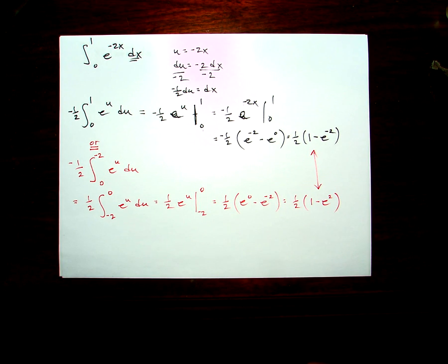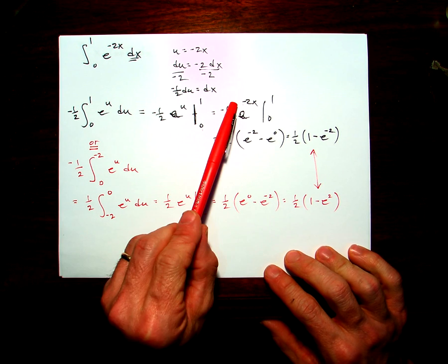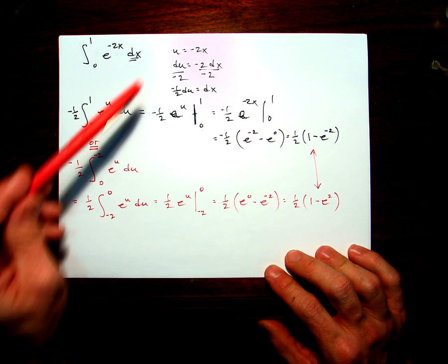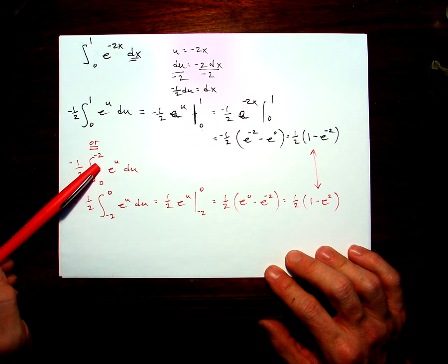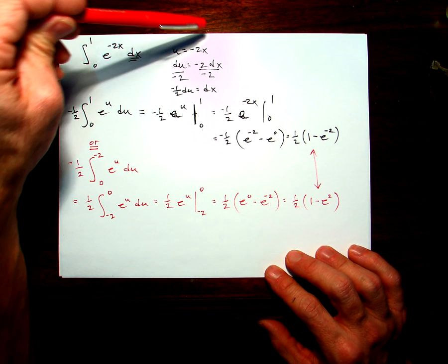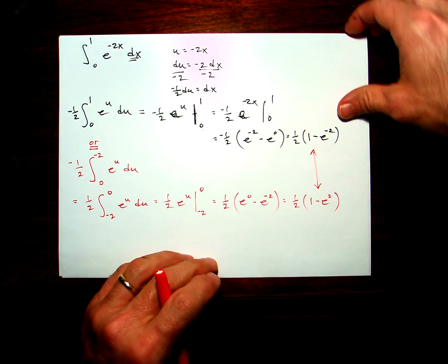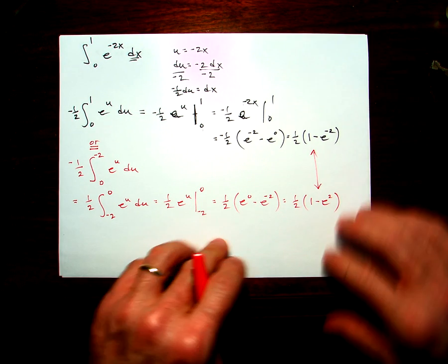So it's up to you which one you would rather do, if you want to go back to x and put in the original limits of integration, or change the limits of integration according to whatever substitution you're making. So you just take those limits, plug them in for x, and see what the limits would be in terms of u. That's an example of how we would do a definite integral using substitution.